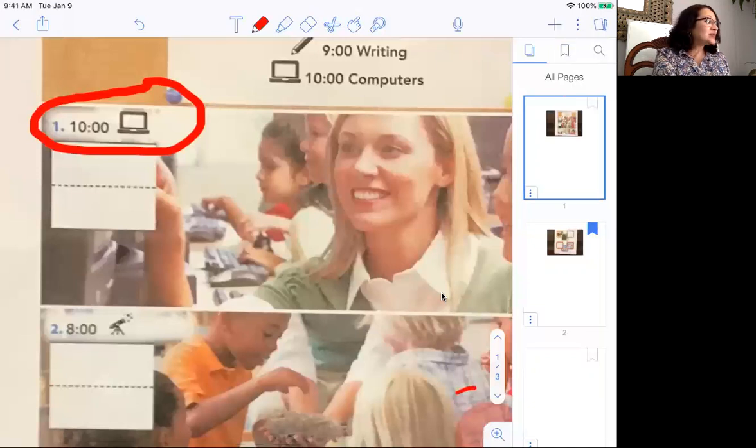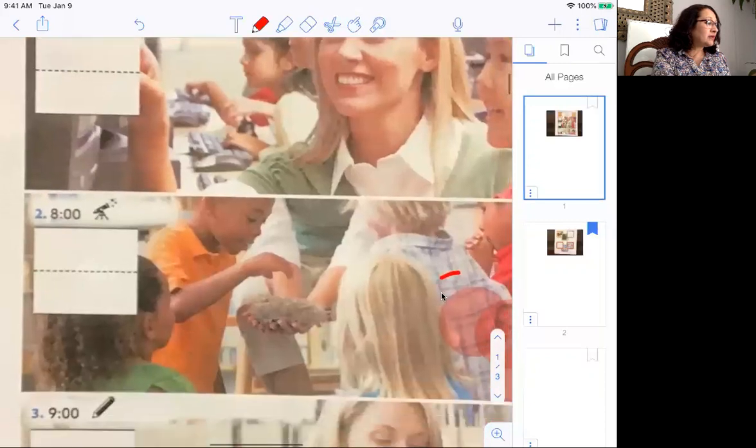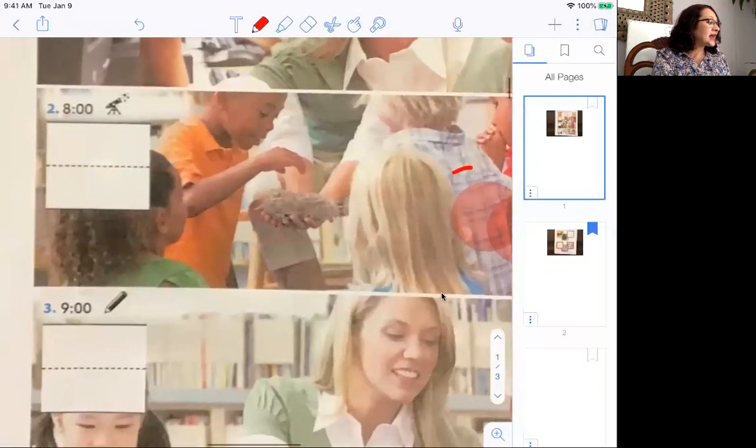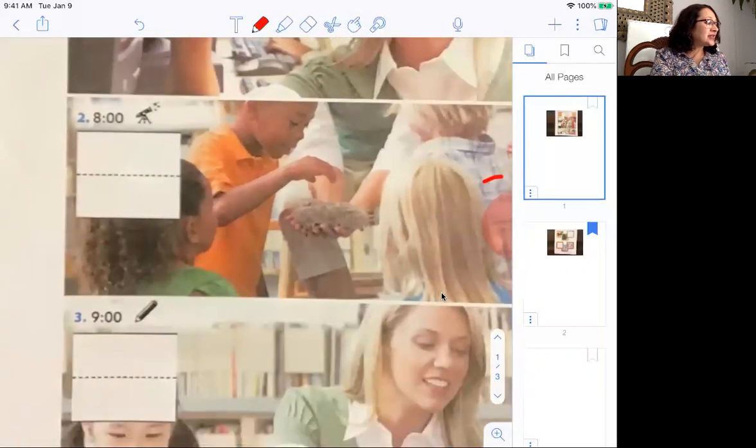And then as we move towards the middle of the paper, it looks like the science. You see the little telescope right there, the little microscope right there. I'm going to circle it. It's 8 o'clock. Remember digital time, 8 and then colon, and on the right side there's 2 zeros, so that's o'clock.